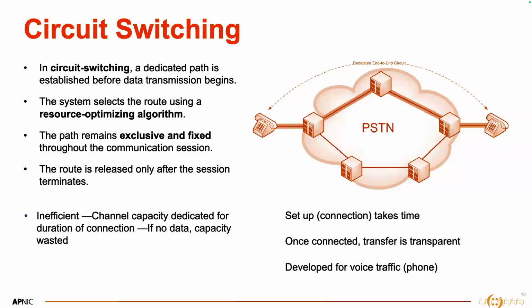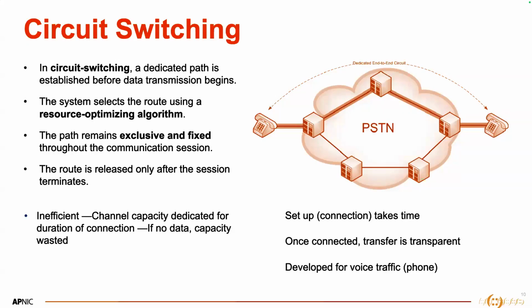In this way, you make sure that all the data over one specific circuit stays on the specific path from the very beginning till the end of the communication. So this is the major difference between packet switching and circuit switching.